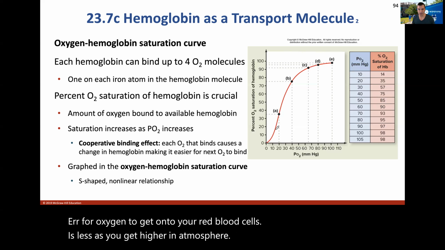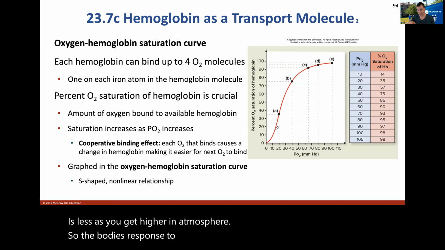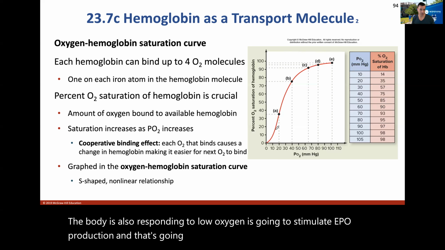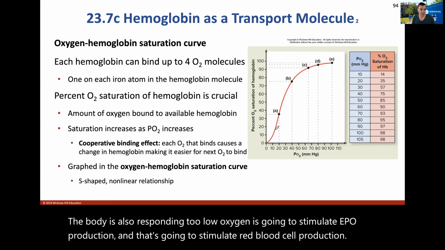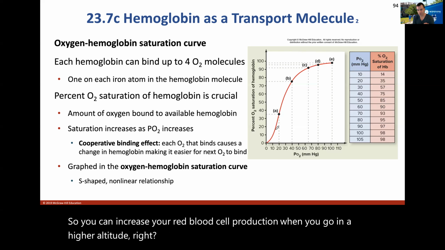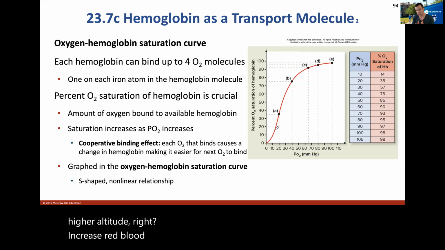So the body's response to that is to allow this to quickly happen. The body's also responding to low oxygen. It's going to stimulate EPO production, and that's going to stimulate red blood cell production. So you can increase your red blood cell production when you go to a higher altitude, right? Increased red blood cell production because we are looking for all the oxygen possible.